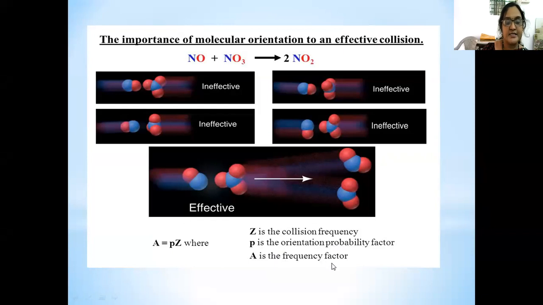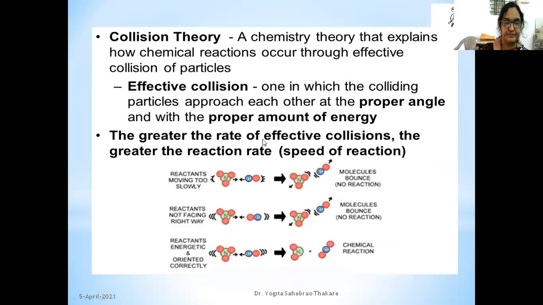A is the frequency factor, also called the Arrhenius constant or the pre-exponential factor from the Arrhenius equation. You have to learn this equation: A equals rho into Z.